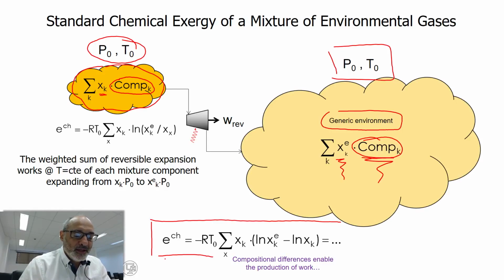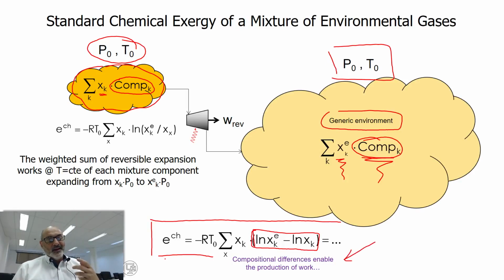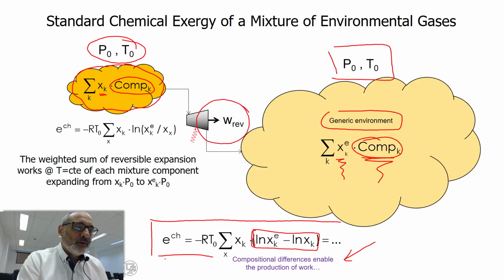The interesting thing is that you have this term here. This is very interesting, because you see that the only thing that enables production of work or forces work to be supplied to the process is the existence of differences in composition. So it's the compositional differences that enable the production of work.